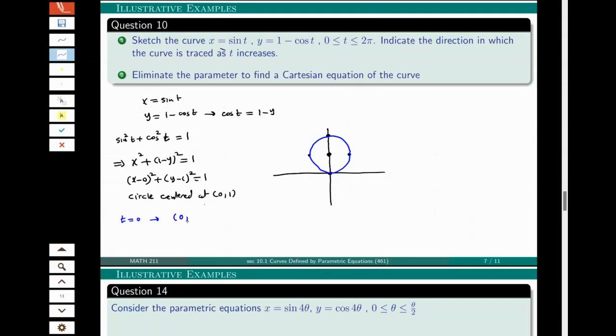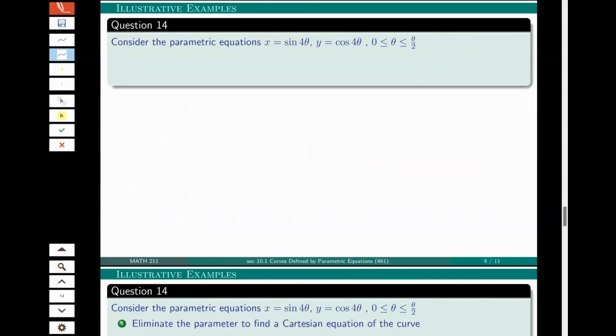We will get 0 and 0, which is this point. When I choose t to be pi over 2, I'll get sine pi over 2, which is 1, and cosine pi over 2 is 0, so 1 minus 0, it will be 1 and 1. So that will be this point, so the direction will be anti-clockwise. That's the way we calculate. So we have two methods to solve here.